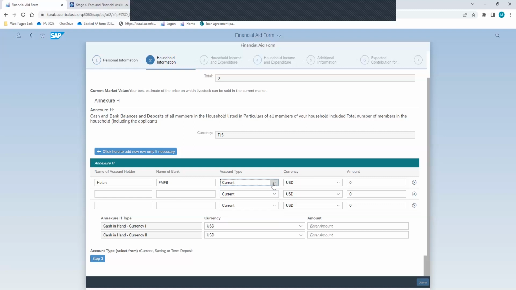I need to indicate this as well. I have to choose the currency. There are some options. As she's receiving her salary in Tajik Somoni, I'm choosing TGS, and assume at that time there is 15,000 TGS in her account. Now, Jack was the father.